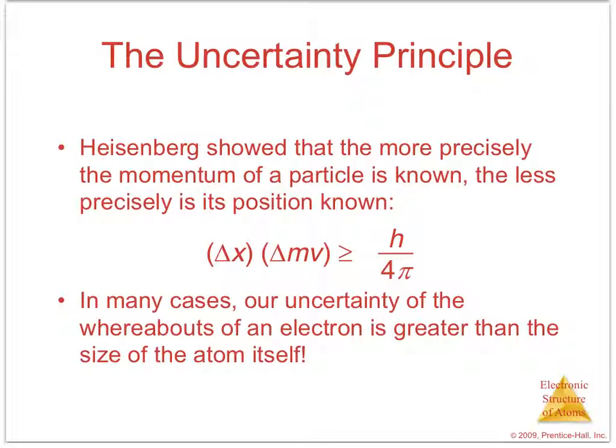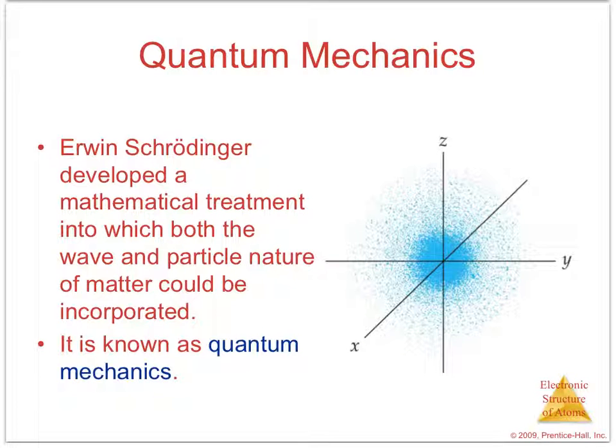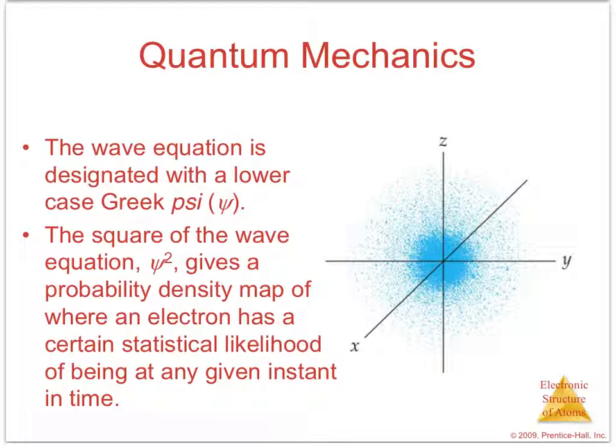As far as the electron goes, the more we know about its location, the less we know about its momentum, and vice versa. So then we get into quantum mechanics here, and if we really don't know that much about where an electron is and its momentum at the same time, then it becomes better to start talking about locations in terms of probabilities.